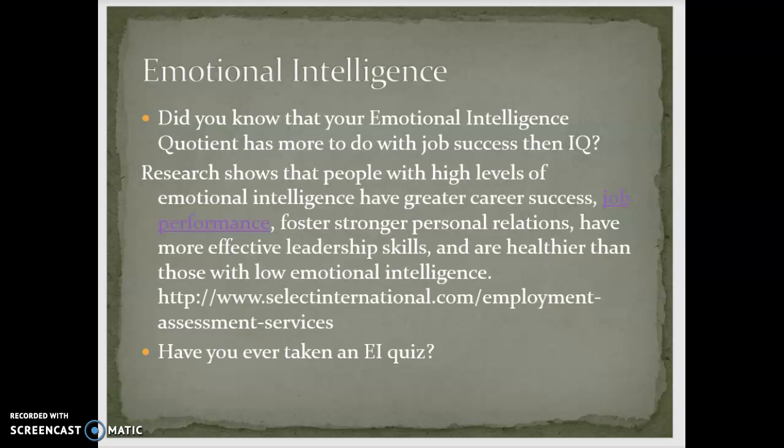Some other things that were in our reading were emotional intelligence. Just want to quickly mention it because studies have shown that emotional intelligence has more to do with our job success than IQ. High levels of EI can give you greater career success, job performance, foster stronger personal relations, give you more effective leadership skills.